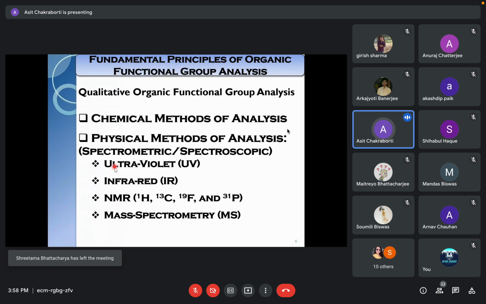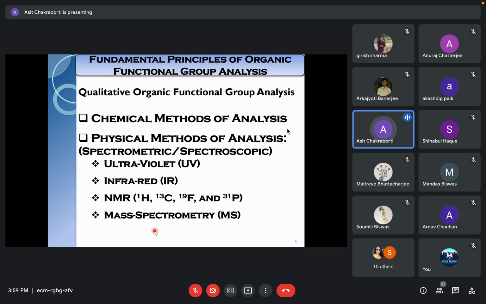So among these four techniques, UV visible, infrared, NMR, and mass, which can help you determine stereochemistry? NMR has been taught to you? Yes, sir.